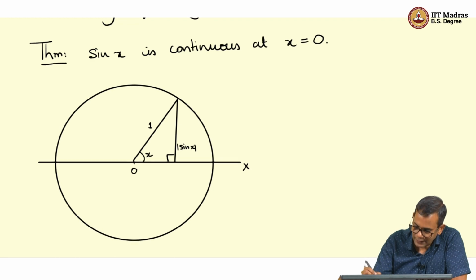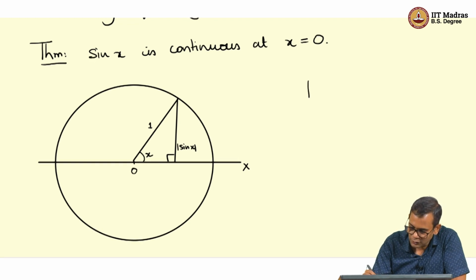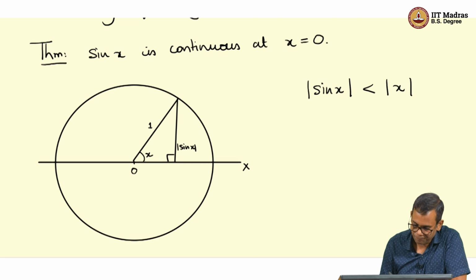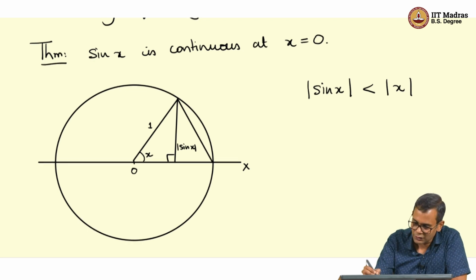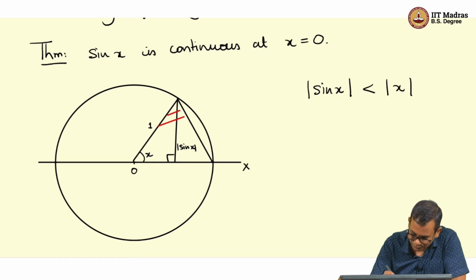Now, I claim that the absolute value of sin x is in fact less than the absolute value of x. Why is that? We can see this quite nicely geometrically by considering this shaded triangle.